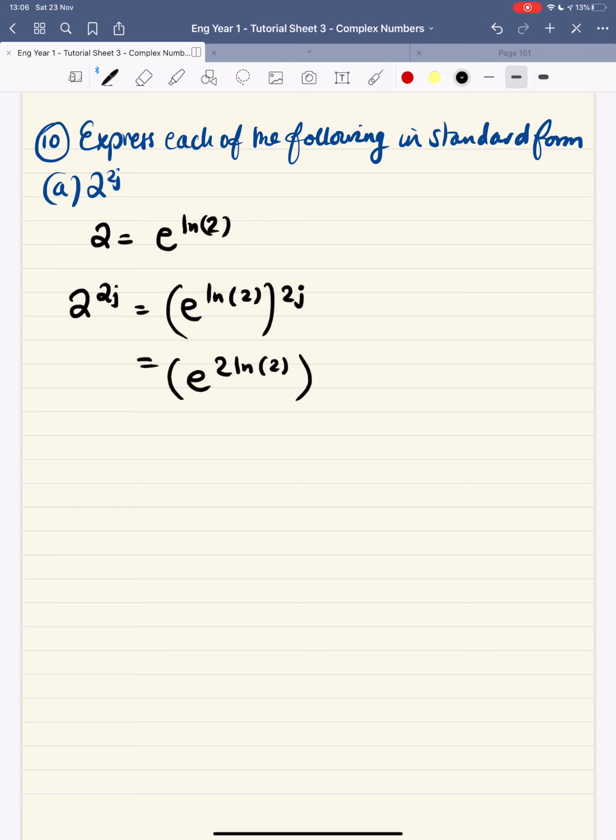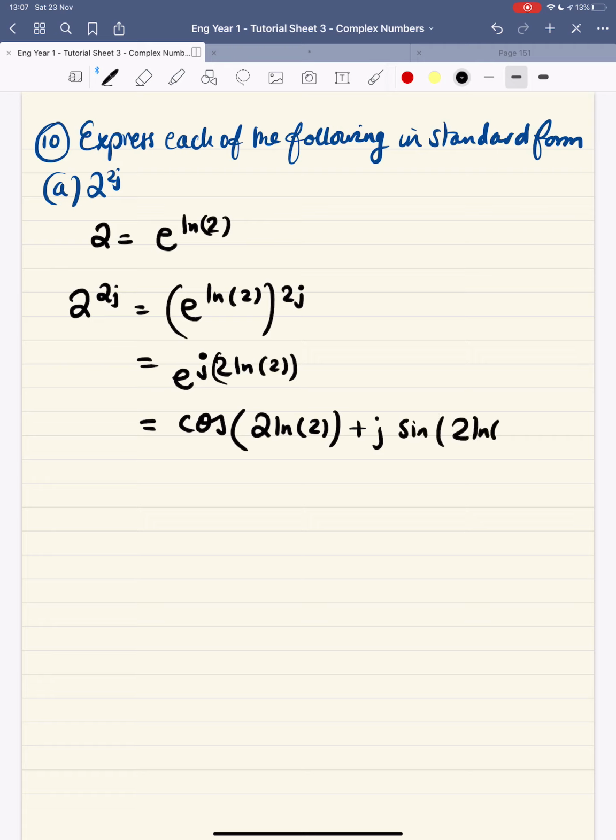I'm just trying to think where to put the j, where it will look the best. Let's put it e to the j times that. So basically I've put this 2j in the front there. So this is cos 2 log 2 plus j sine 2 log 2.